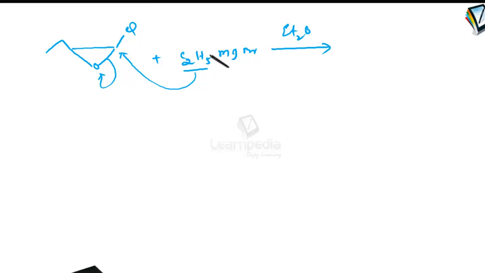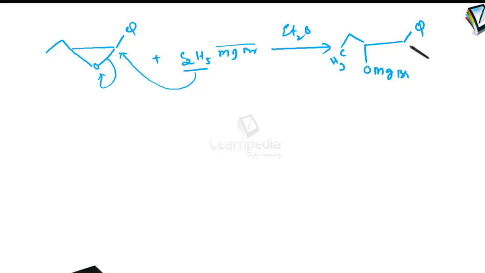So this C2H5 minus will attack here, and the ring is opened. O minus is formed. That O minus will be attacking MgBr. So thereby we get this ethyl group remains same, this phenyl group remains same, and this is becoming OMgBr.